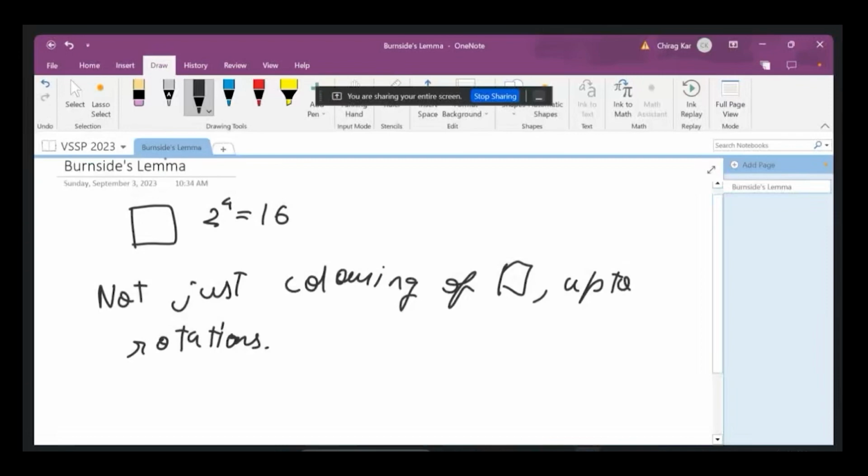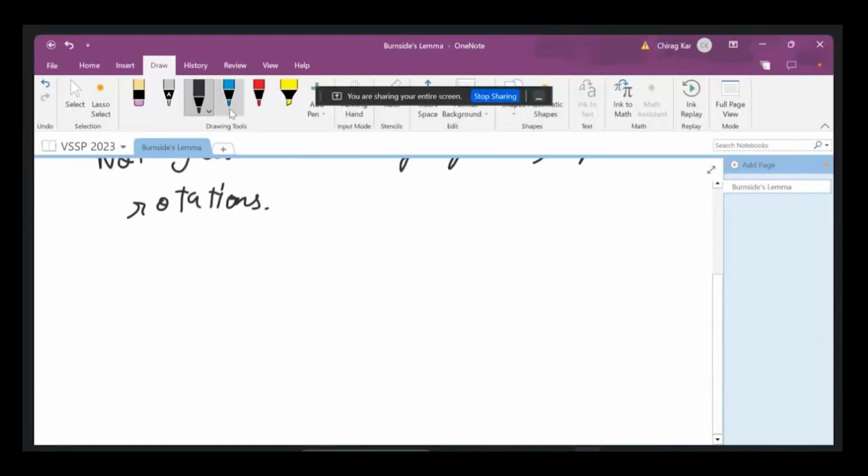Now, here is a question for all of you: how many possible colorings are present? According to me, if I can obtain one coloring from another via rotation, then they are the same.